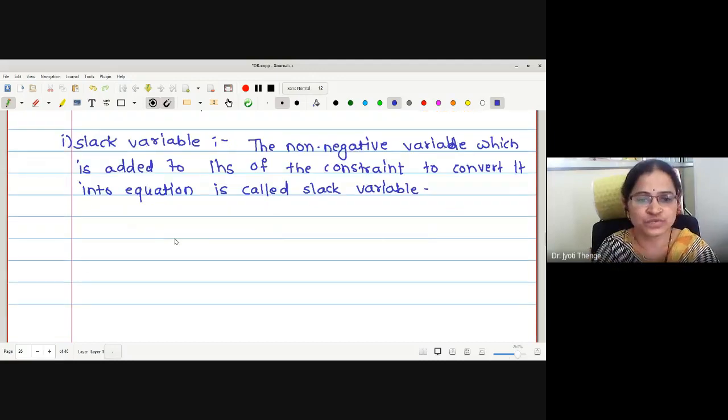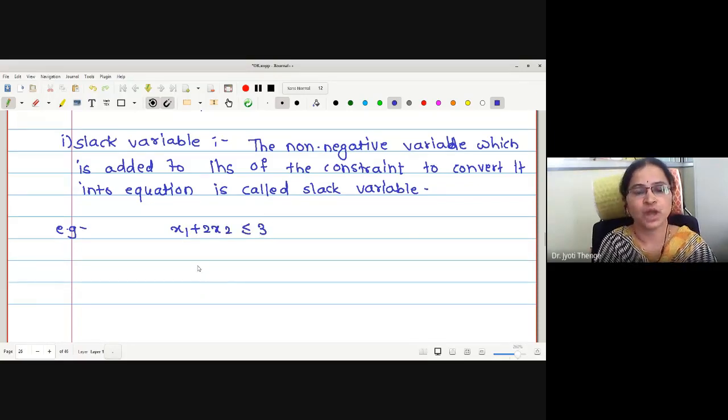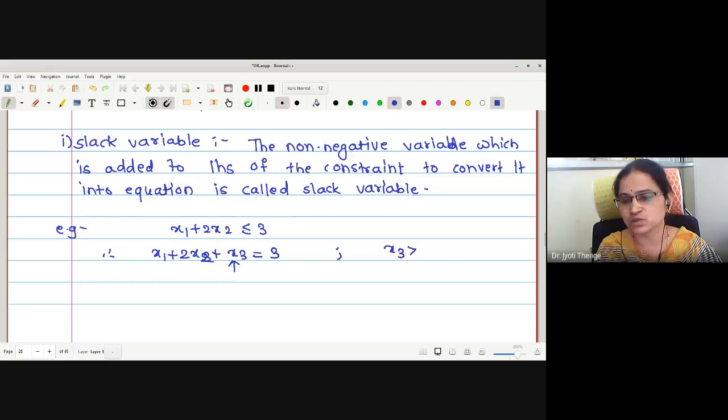Suppose we have an inequality of this type, say x1 plus 2x2 is less than or equal to 3. Now we want to convert this inequality to a strict equation. There is something less on the left hand side, that is something slack, right? And that slack we have to fill up with one of the variables, say x3, so that the left side equals 3. This x3 is called the slack variable. No doubt x3 is non-negative.